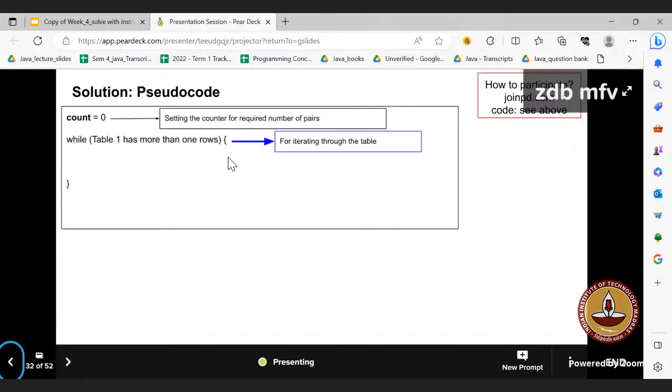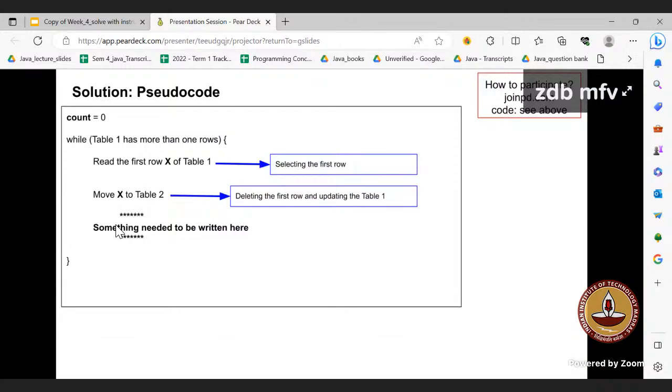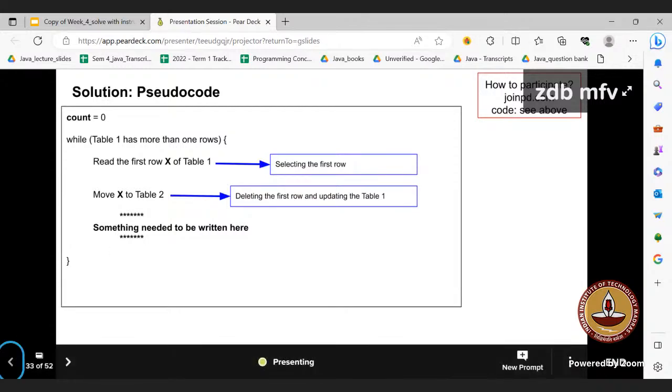This is to iterate over the table. And what you have to do, read the first row in the table. You will read the first row from your table and you will move to table 2. So what is the first name in your table, if you remember? Ajay. So the Ajay row you will read and you will move to table 2.